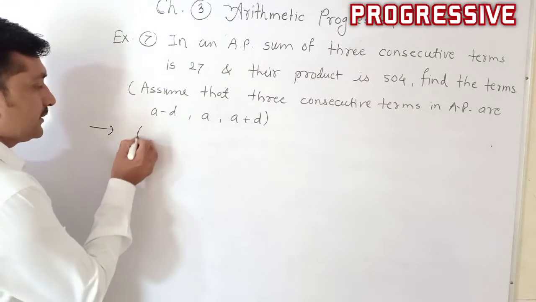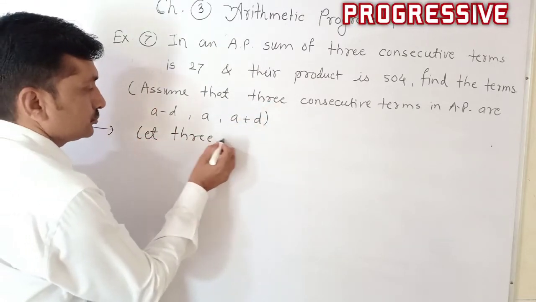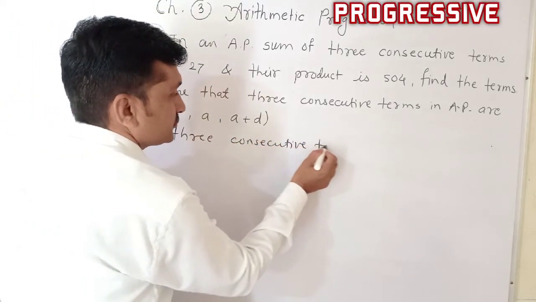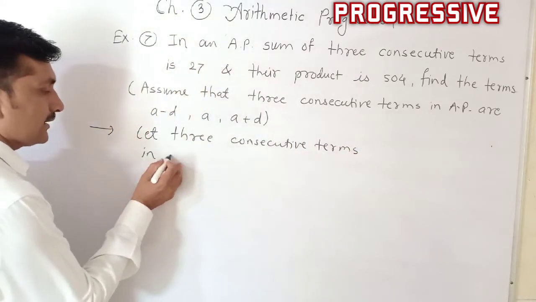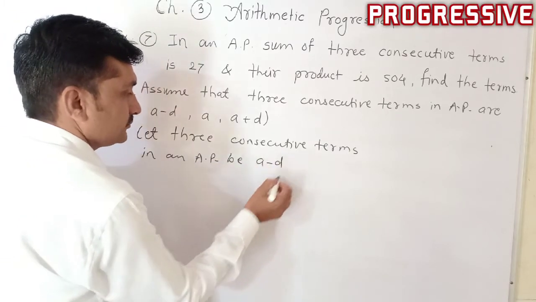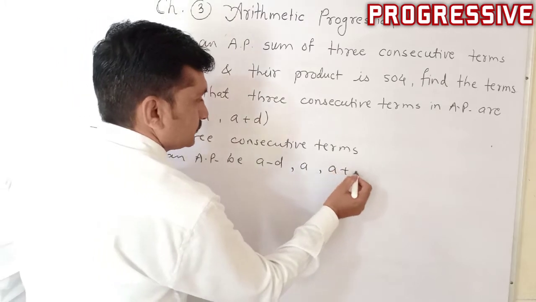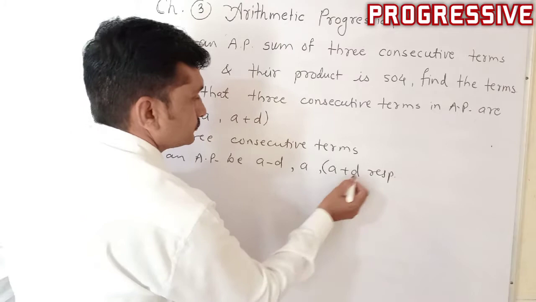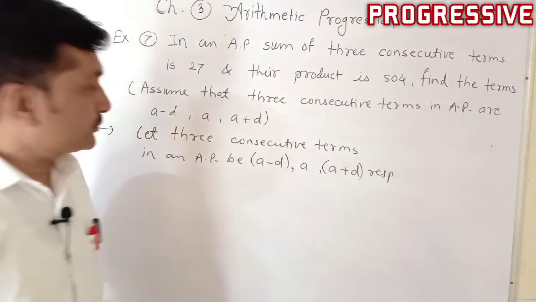Then let a minus d, a, a plus d be the 3 consecutive terms in an AP respectively.